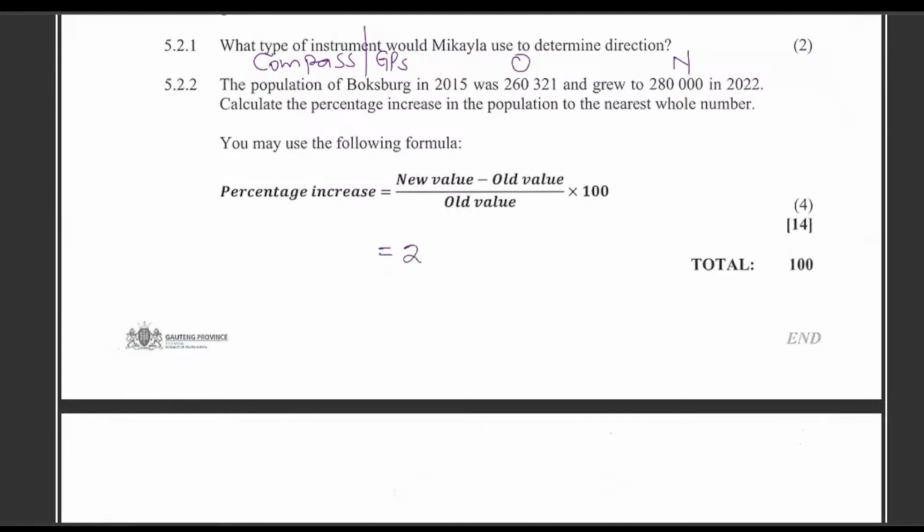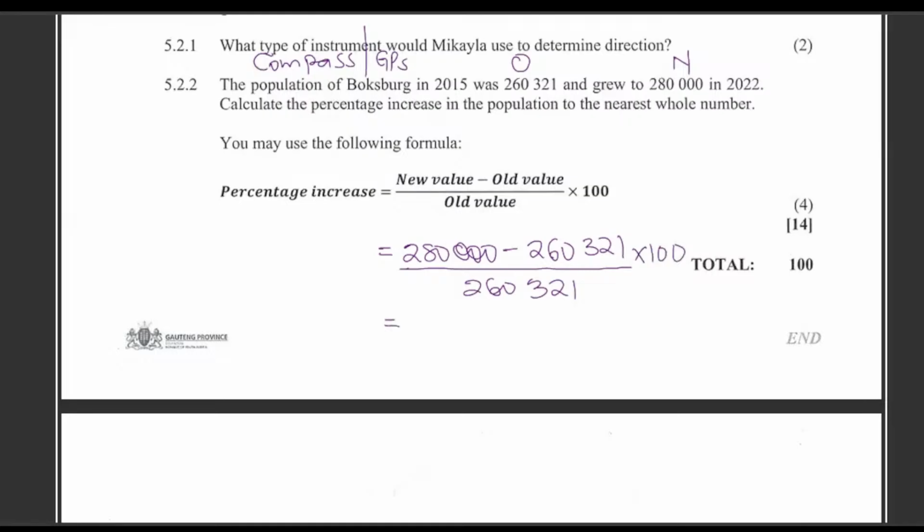So the new, which is 280,000 minus 260,321 divided by 260,321. So don't forget, I'm here doing this, you get a mark for substitution.